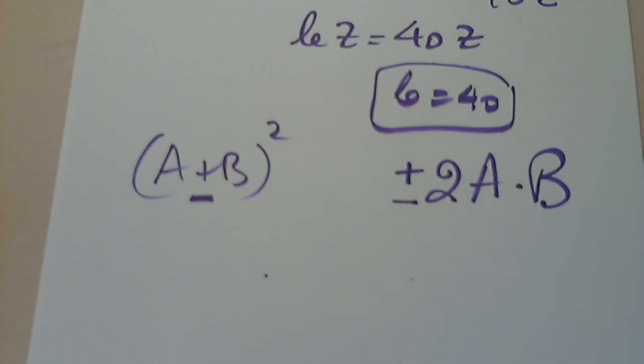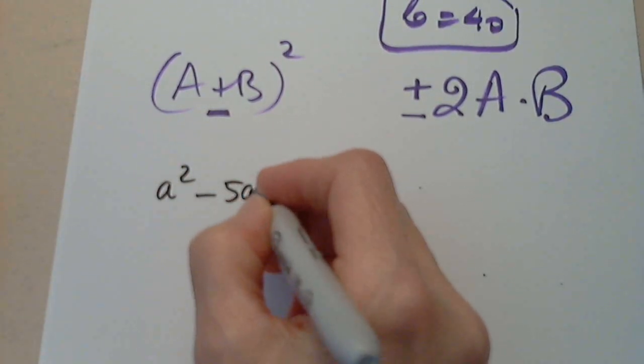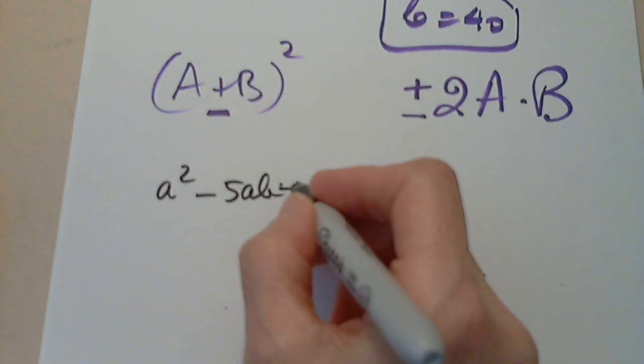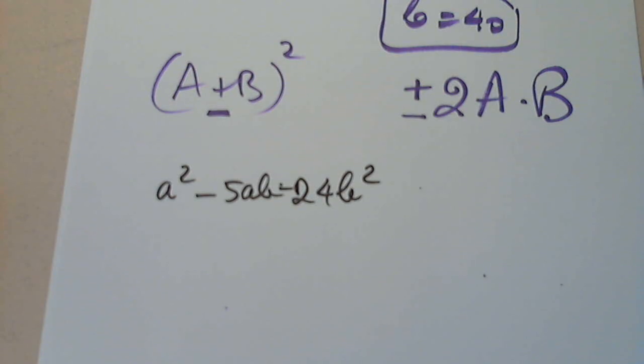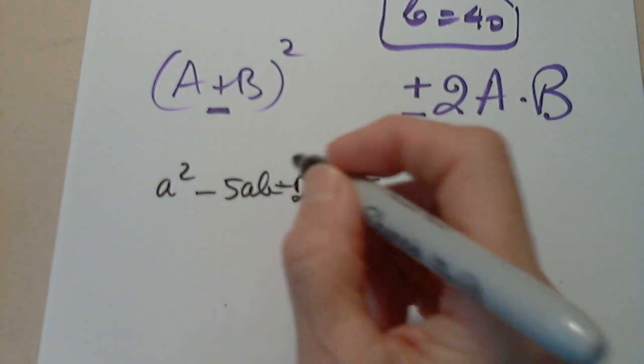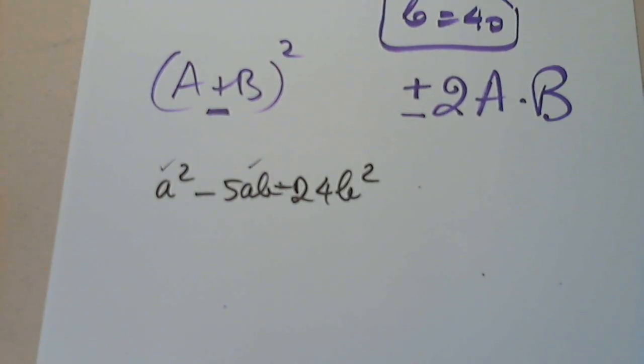Good. Here it is. Factor completely. We have a squared minus 5ab minus 24b squared. Perfect. So this is in descending order, considering a as being the main variable.